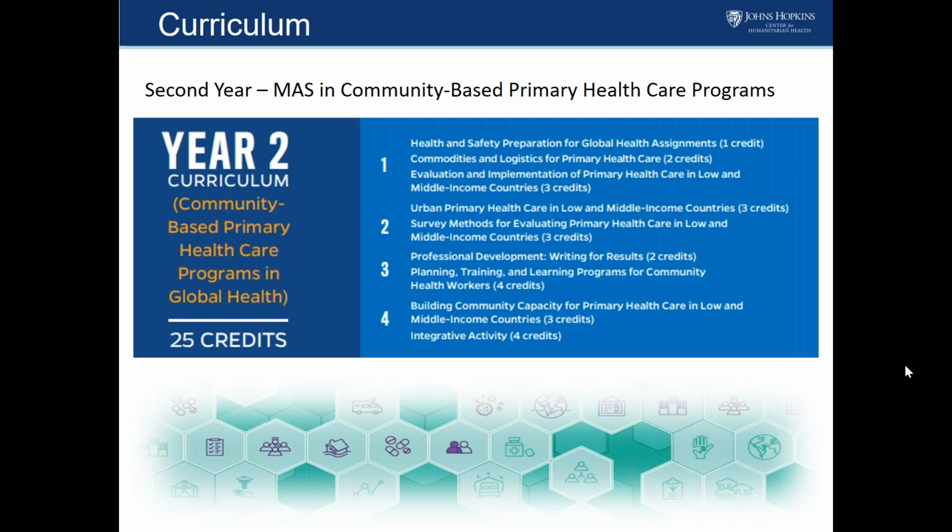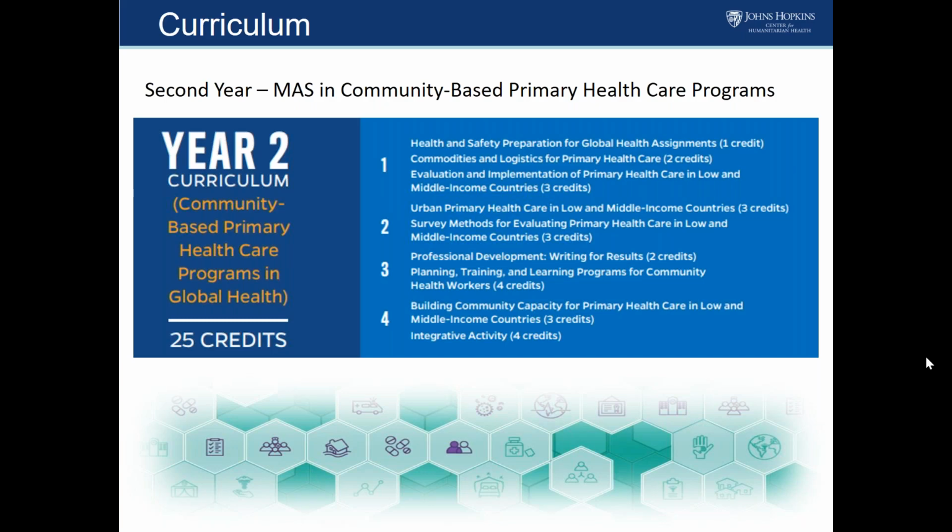We have an important 1 credit course on getting prepared to do a global health assignment. Some of you have done these assignments before. Some of you hope to do so after you've gotten your certificate or your master's. But this is an important step-by-step look at how to get prepared.